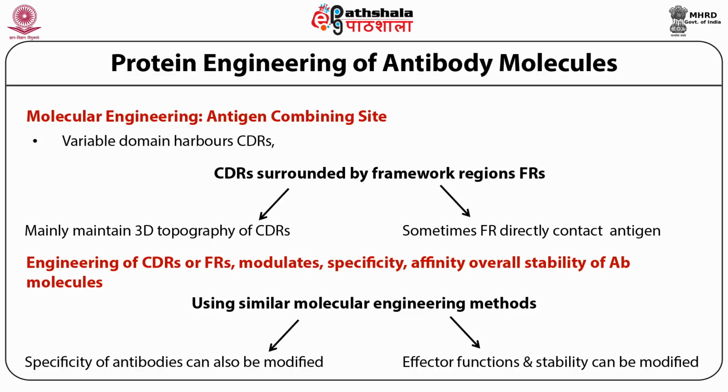In this particular case, out of 10 mutations, 6 were carried out in the CDR region, whereas 4 were carried out in the FR region. Combining the modifications in the CDR as well as the FR regions contributed to this very significant increase in the affinity of this antibody.